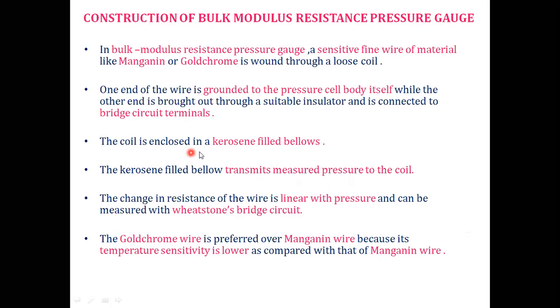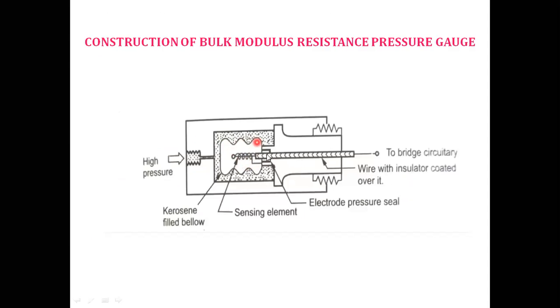The coil is enclosed in a kerosene filled bellows. The kerosene filled bellow transmits measured pressure to the coil. The measured pressure inside this bellow is going to be transmitted to this coil.